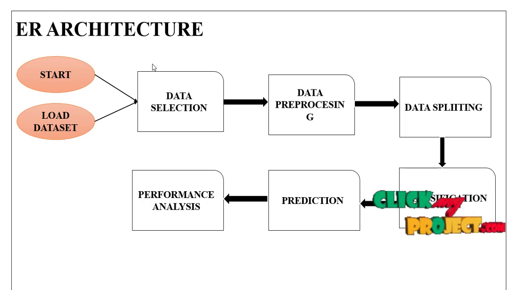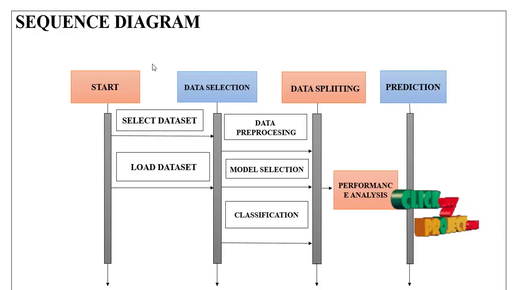And this is the ER architecture. When we start the program and load the data set and select the data and pre-process it, split the data, classify it, and predict what the pose of the yoga is that we gave, and then get the performance analysis.